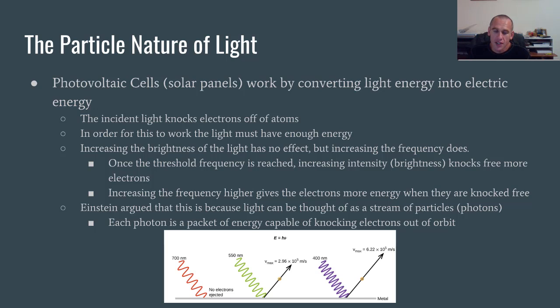And each photon is a packet of energy, and since it still has a frequency, you can still calculate its energy by E equals h nu. There's a nu that's curvy, but now we're talking about a single photon rather than a continuous wave.